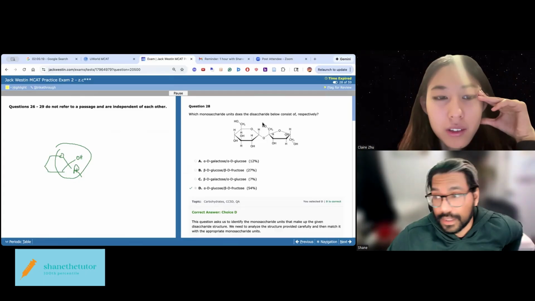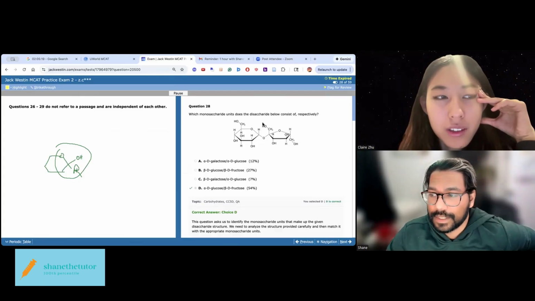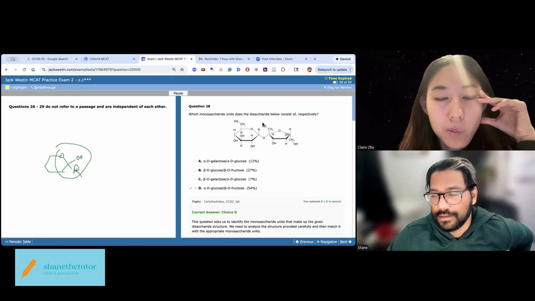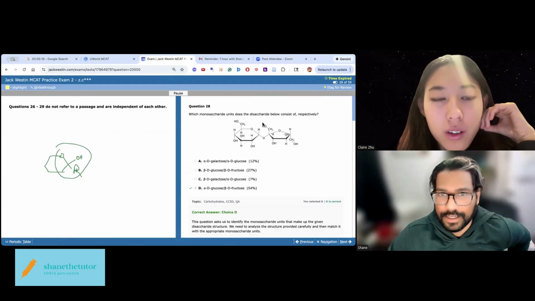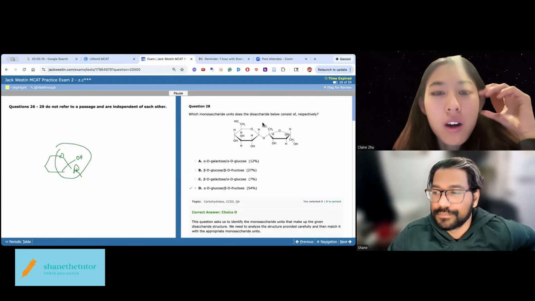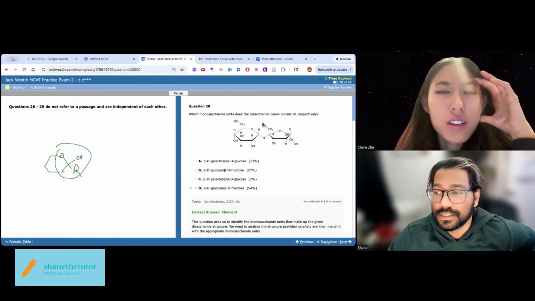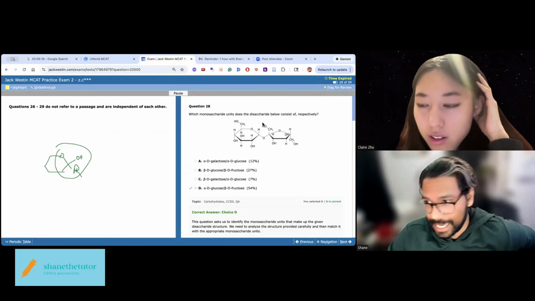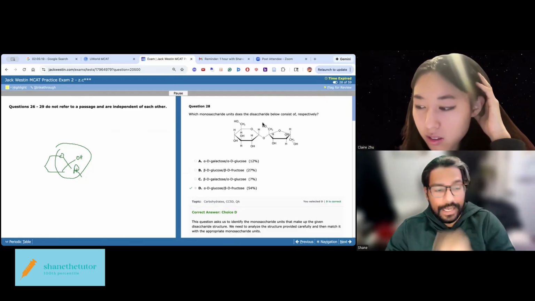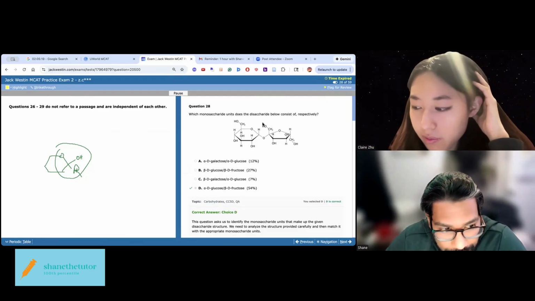What's the other possibility, similar to an aldehyde? Oh, is it the ketone? Yep. So it'll be a hemiketal.